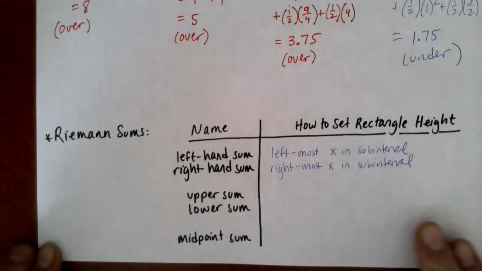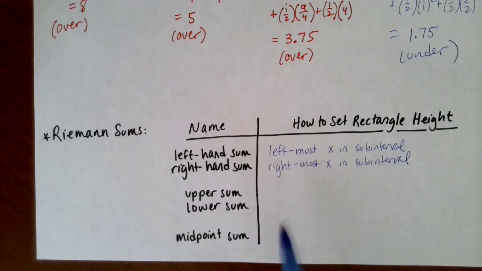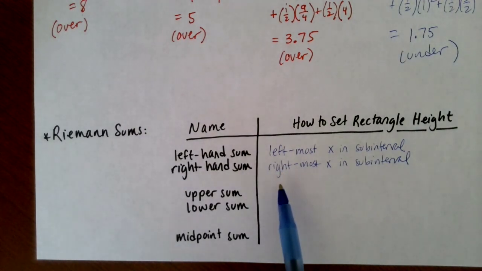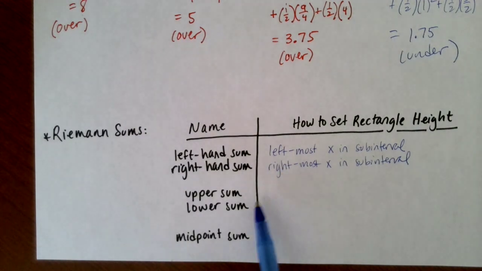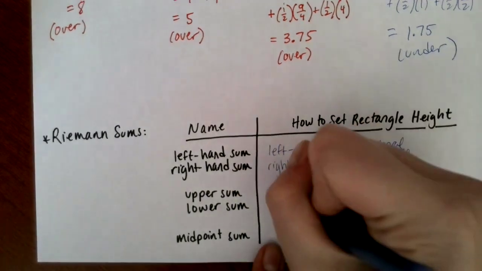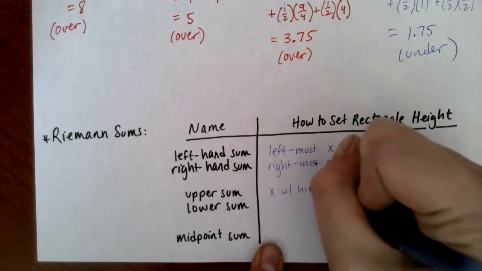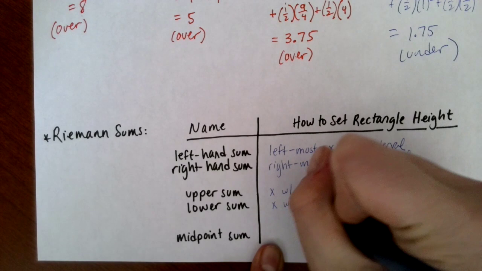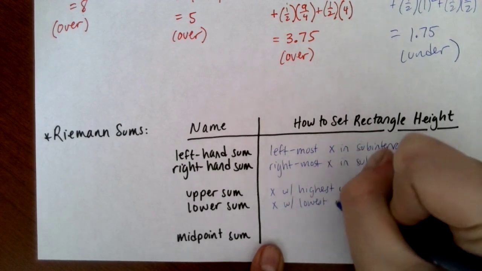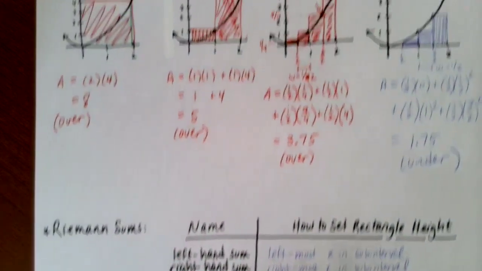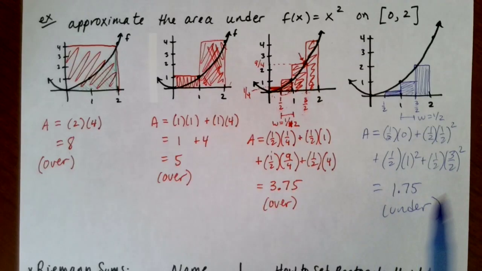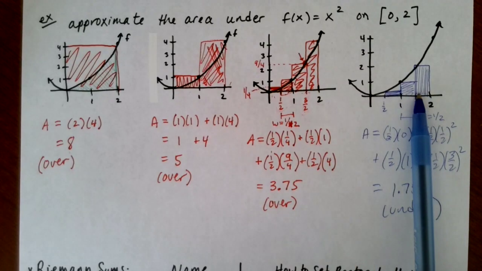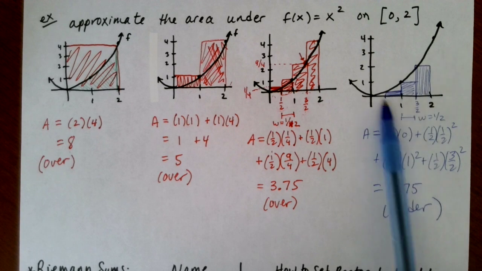There are also things you can see here called upper and lower sums, where instead of always going to the far left or right x value, you would just choose whichever x in the subinterval has the highest y value. And then the lower sum is the x with the lowest y value. So if we look back at this example we did, this left-hand Riemann sum is also the lower sum, right?